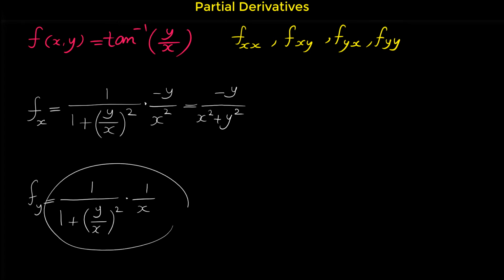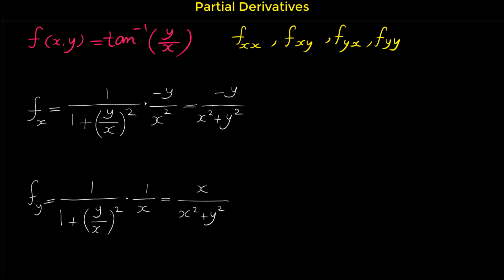If we simplify this, similar as we did here, easily you can check that this equals x over x squared plus y squared. Let me show you how you can simplify this.